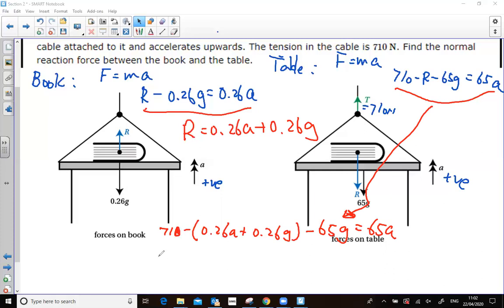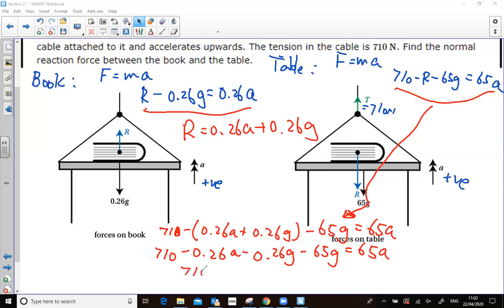Right, so we have now got to expand the bracket: 710 minus 0.26A minus 0.26G minus 65G equals 65A. Now A is the only unknown, so why don't we put this all together on the right hand side?